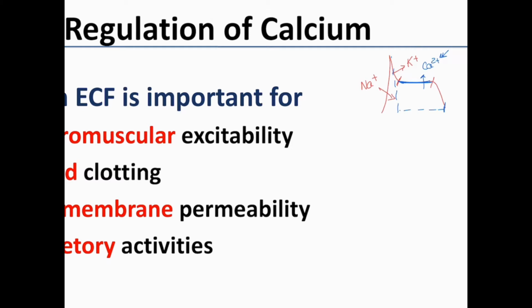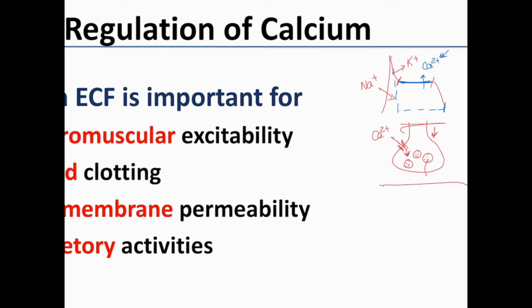Another example of how important calcium was to the neuromuscular excitability was at the neuromuscular junction. If you remember, at the neuromuscular junction, the terminal ends of the nerve fibers, once they receive the electrical signal down, will open voltage-gated calcium channels, and the calcium that enters the terminal button of the nerve fiber is what stimulates the release of the neurotransmitters stored in the vesicles.